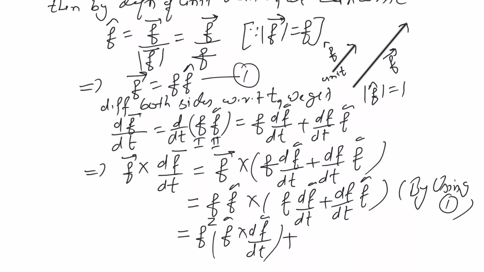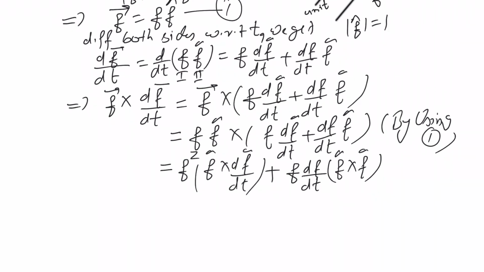Now f is a scalar, so this will come out of the cross product, so this will be f df by dt, and inside is f cap cross f cap.